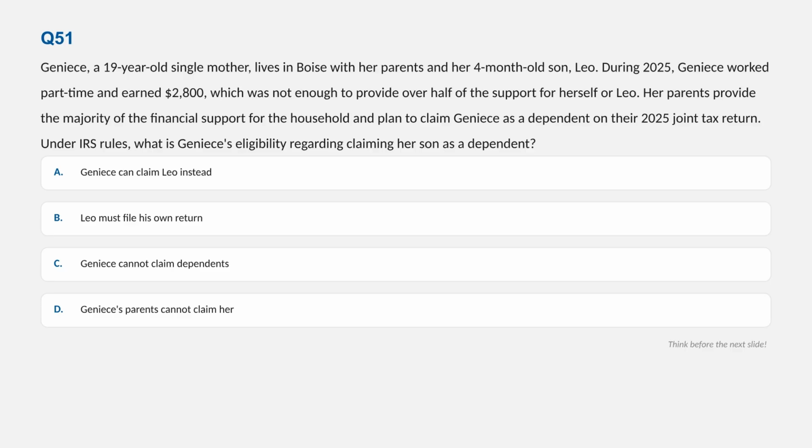Her parents provide the majority of the financial support for the household and plan to claim Janice as a dependent on their 2025 joint tax return. Under IRS rules, what is Janice's eligibility regarding claiming her son as a dependent? A. Janice can claim Leo instead. B. Leo must file his own return. C. Janice cannot claim dependents. D. Janice's parents cannot claim her.